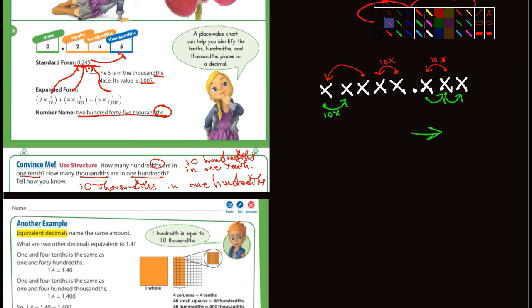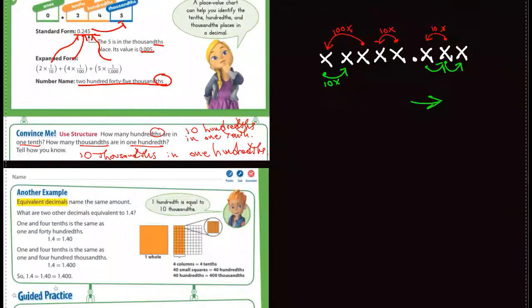That would be, since we're moving 2 places, that's going to be 100 times smaller. This one is 100 times smaller than this one. All right. So let's look at what they want you guys to do here. Another example.